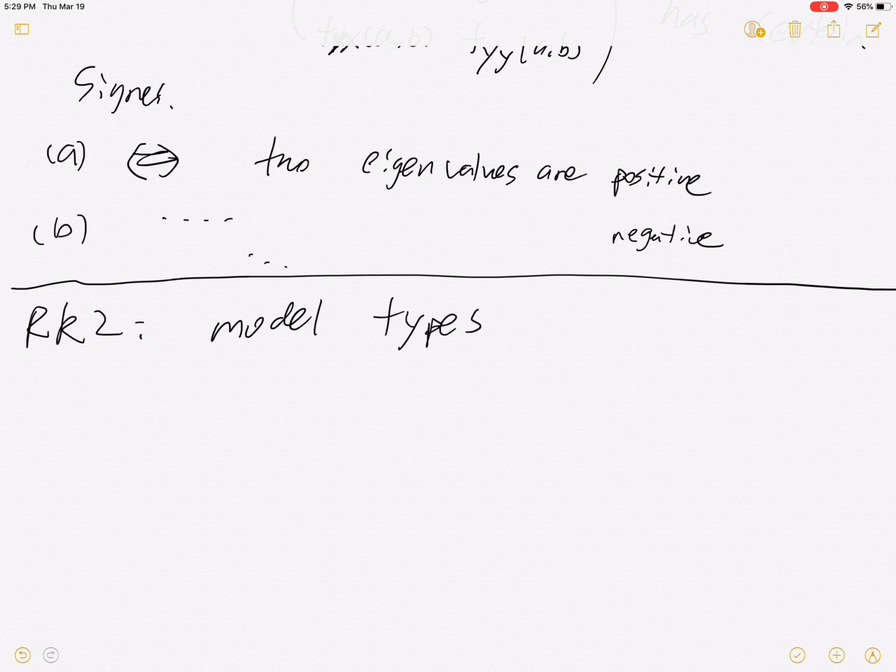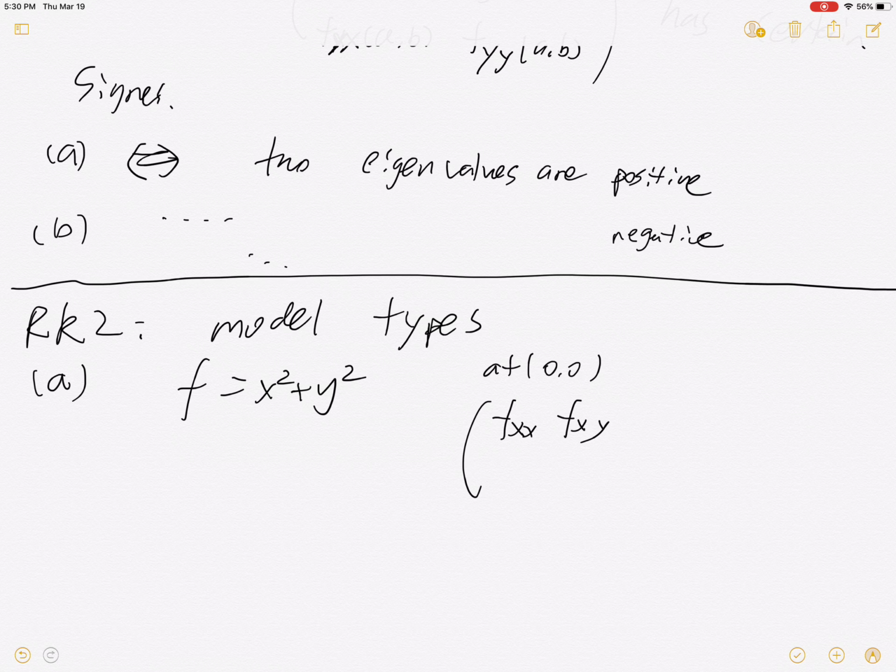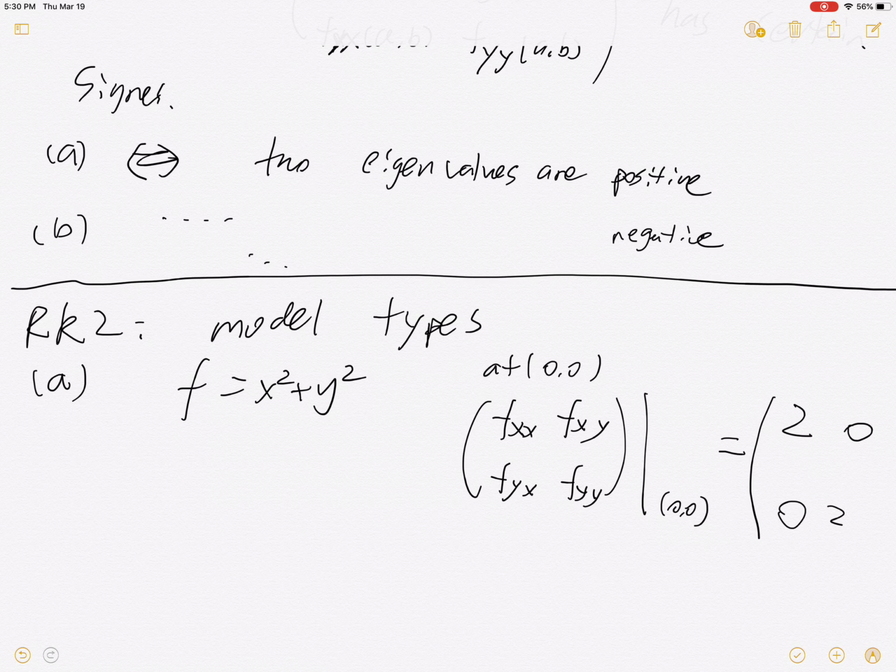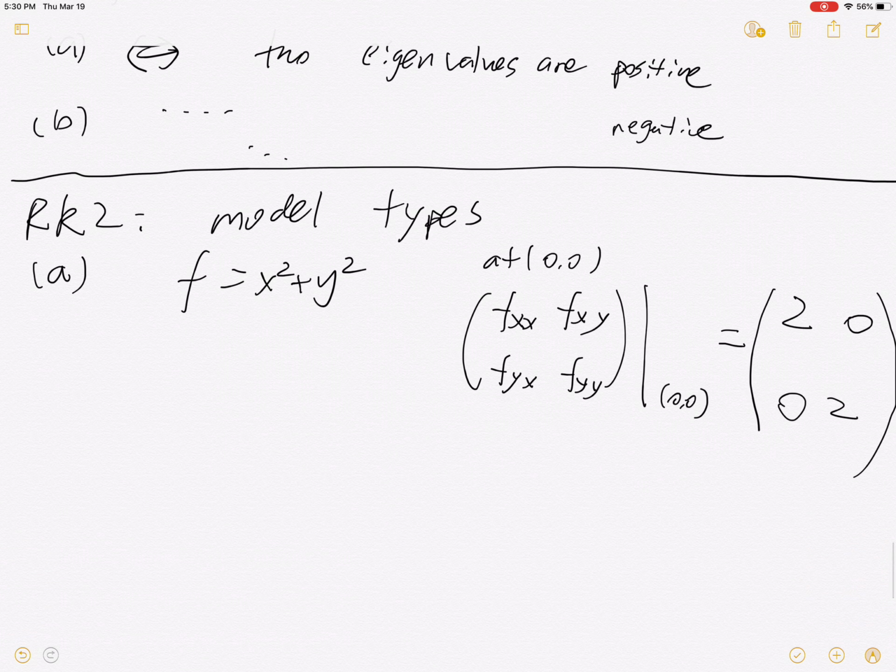Okay, and then remark 2, we will consider some model types of the cases in the criteria. So for case A, we take the function x squared plus y squared. Then at (0, 0), your Hessian is given by 2, 0, 0, 2. Yeah, I omit the computation.